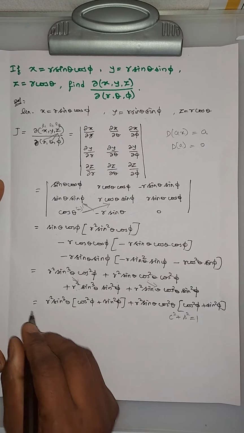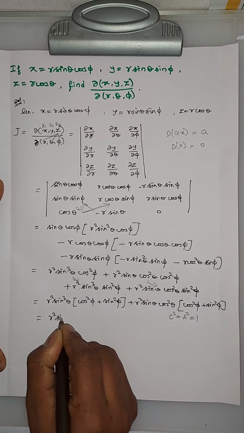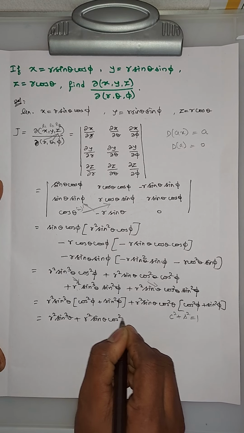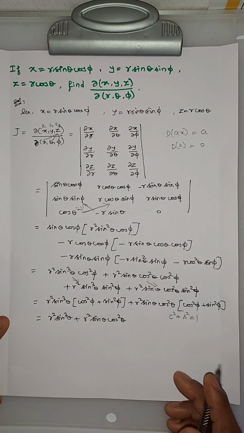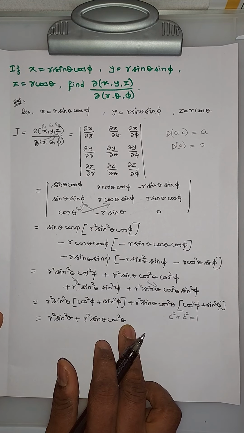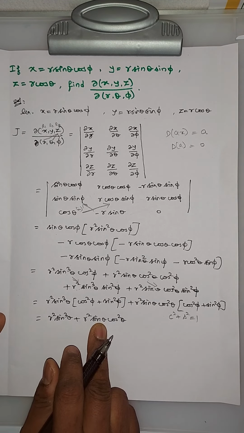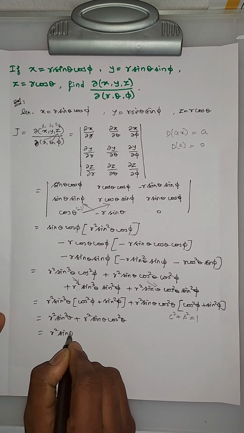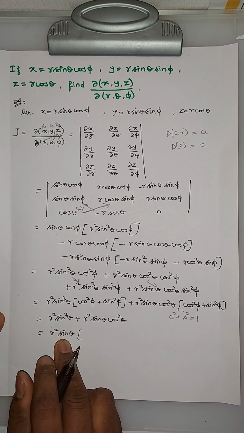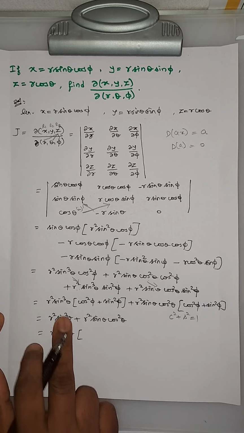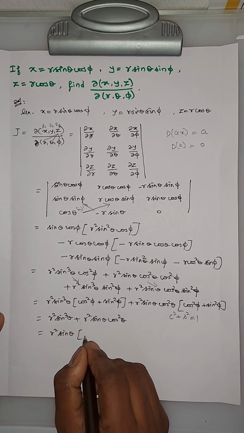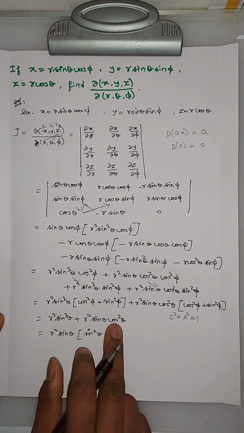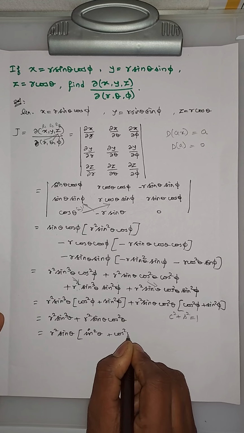So we get r square sine cube theta plus r square sine theta cos square theta. And again, from these two terms, we could see that r square sine theta is common. So taking it outside, which is equal to r square sine theta. When we take r square sine theta as common from these two terms, from the first term we have sine square theta, and from the second term we have cos square theta.